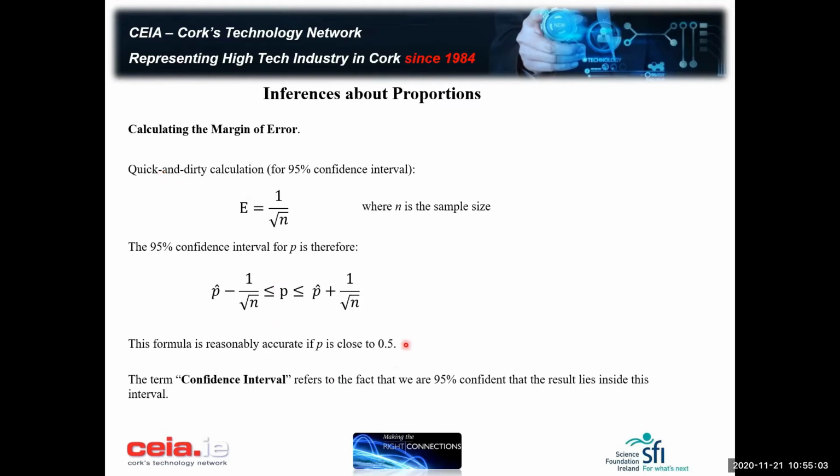It is used, but it generally is only accurate if your value p or the p hat are close to 0.5. And sometimes it's all you have to work with because you may only know the sample size. And this only works with a 95% confidence interval as well.